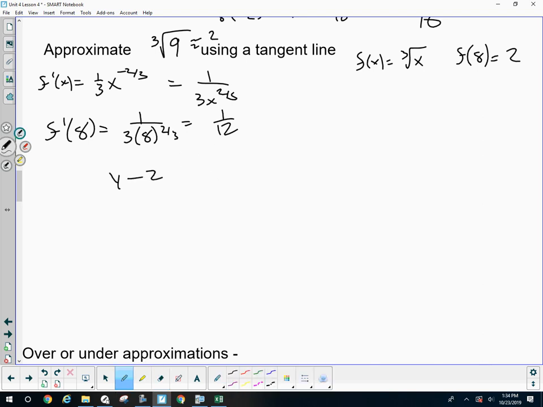y minus 2 equals 1/12 (x minus 8) is my equation of my tangent line to the cubed root of x at the point (8, 2).